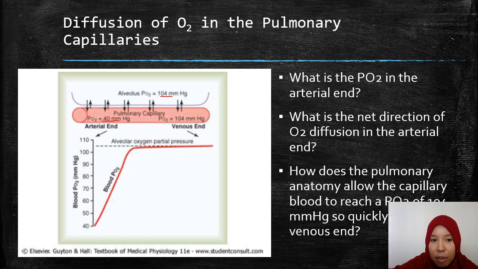Remember when I said earlier about the gas law that gas moves from a higher concentration to a lower concentration? So basically the movement of oxygen here is from the alveolus to the blood, because there's lower oxygen in the blood, therefore the oxygen moves from the lung to the blood.